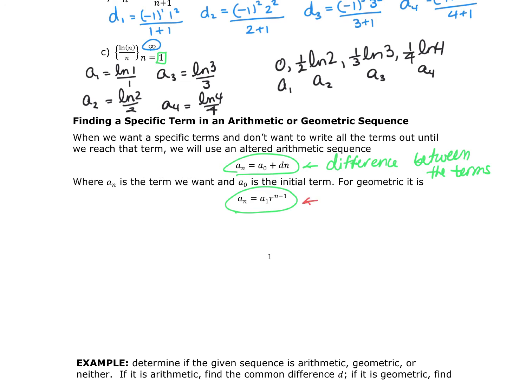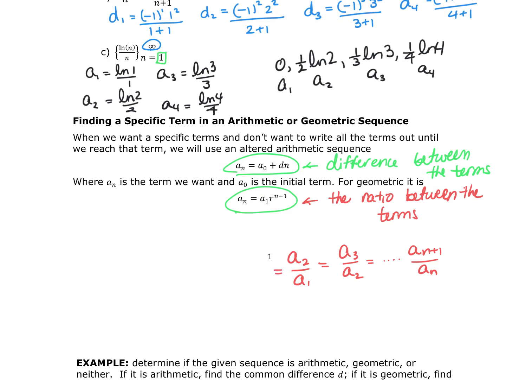If it's a geometric, then the ratio must be the same. In particular, a sub 2 divided by a sub 1 must be the same as a sub 3 divided by a sub 2, which must be equal to a sub n plus 1 divided by a sub n. And this is where the r, the ratio, comes from. This d comes from the difference between them.